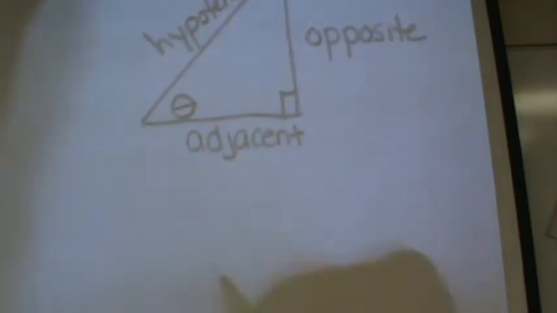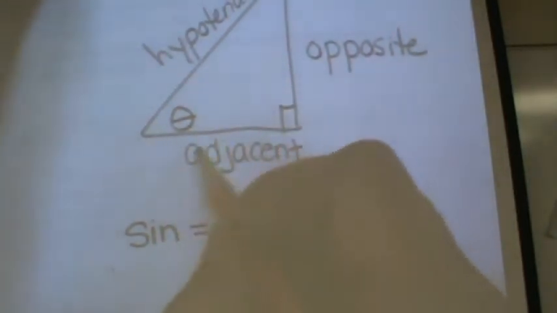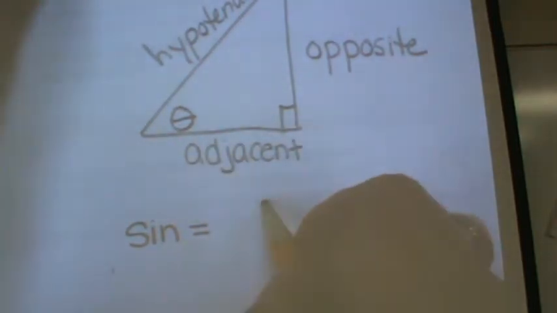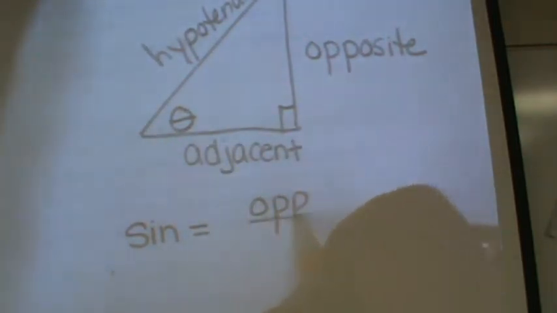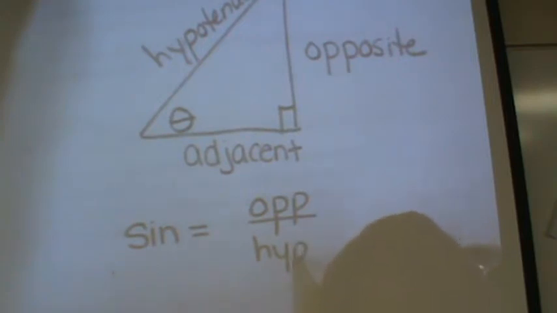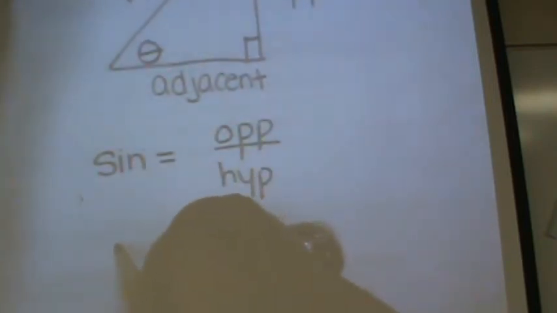Okay, so what does sine mean? It's a ratio, and it's the side opposite over the hypotenuse. What is the cosine? Cosine is adjacent over hypotenuse, and what's tangent? Tangent is opposite over adjacent.